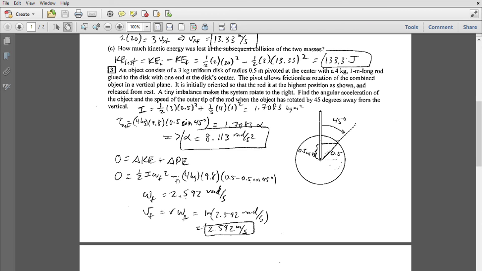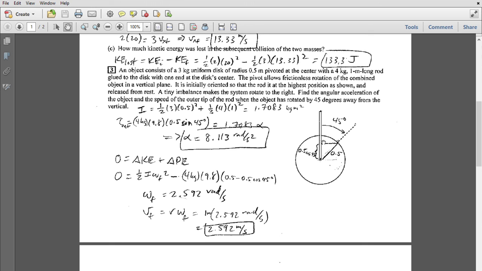And then the change in potential energy of this object: the disk itself doesn't change potential energy, but the rod does, right? The rod's center of mass is originally up here, and then it ends up down there. So how far did it go down? Well, it was originally 0.5 meters above the pin, and then it ends up a distance 0.5 times the cosine of 45 above the pin.